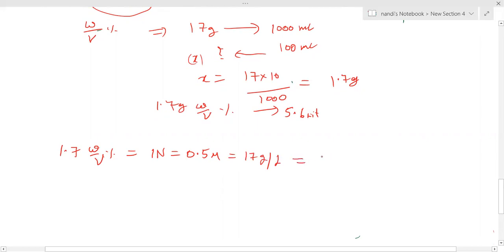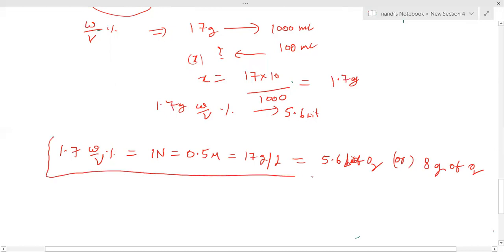Everything is equal to 5.6 liters of O2, or 8 grams of O2 released. 1 by 4 mole is nothing but 8 grams only. So this is the basic relation we need to remember, or you can derive it. That's up to you.